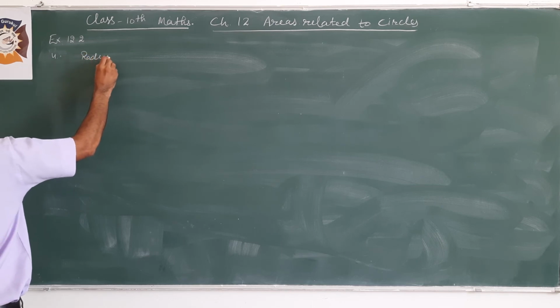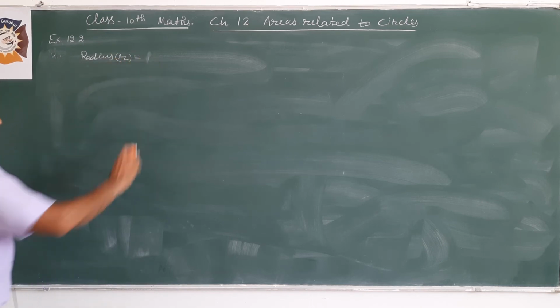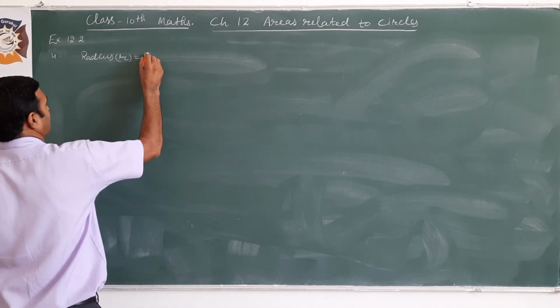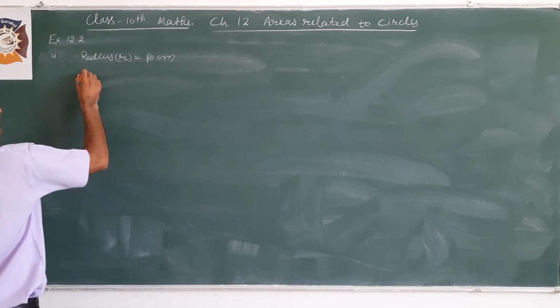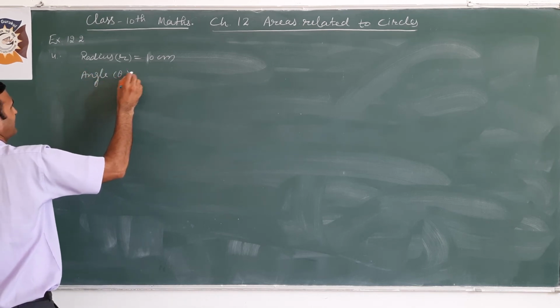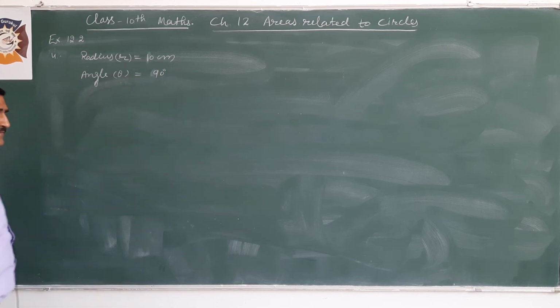Radius R is 10 centimeter, angle is 90 degree. Angle at the center or central angle, that is theta, that is 90 degree. So what we have to find in this question: find the area of the corresponding first part, minor segment, second part, major sector.